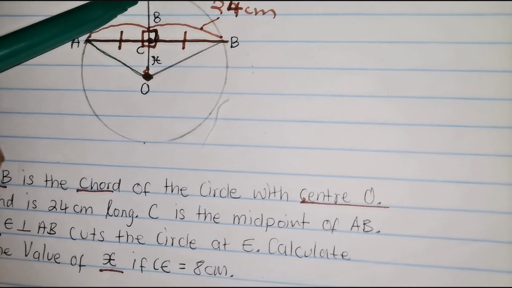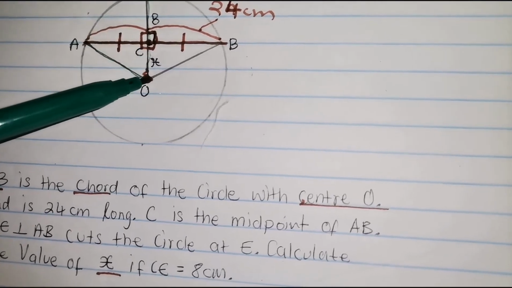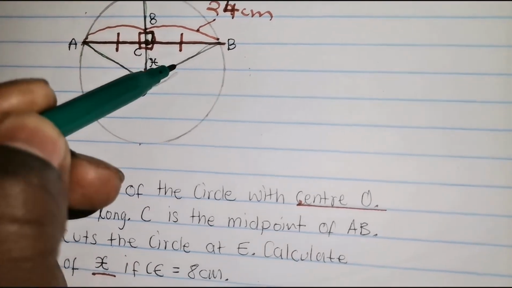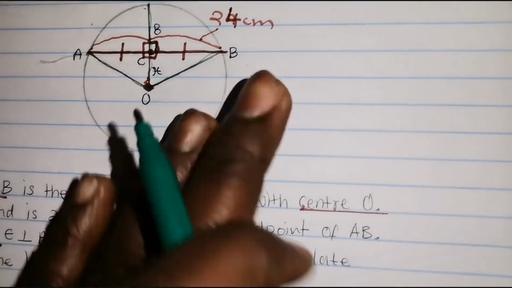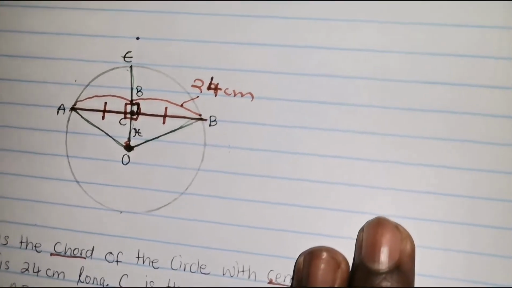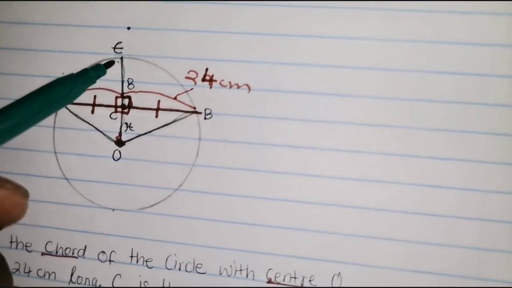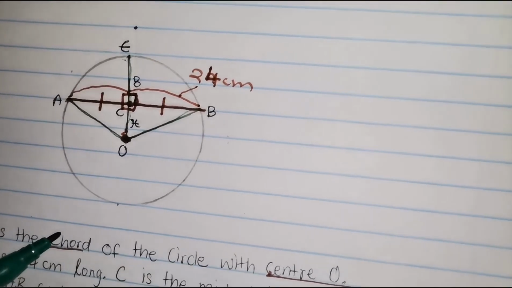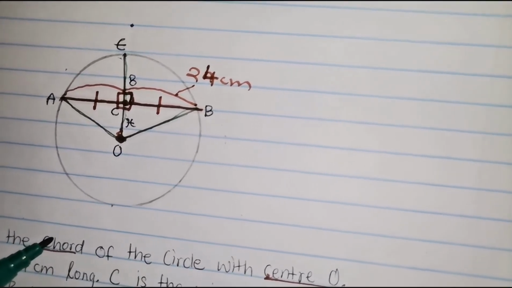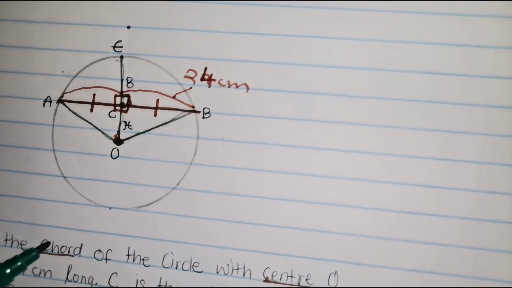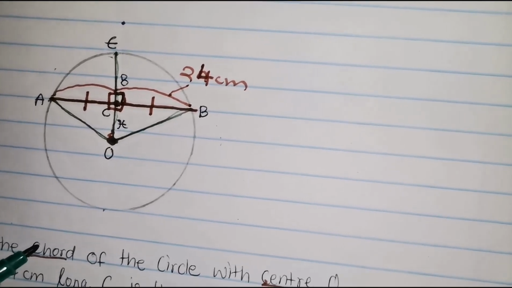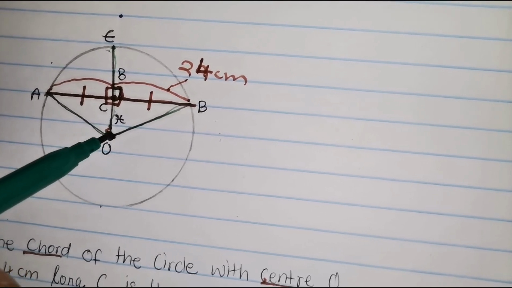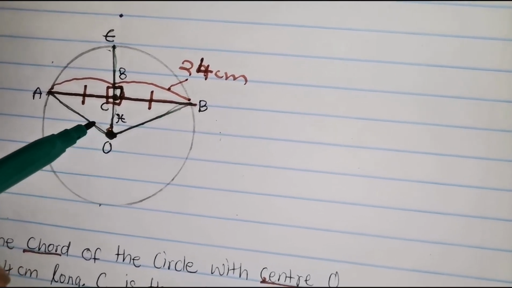Let's check what I said about radii. For a line or a side of a triangle to qualify to be called a radius, it is a line from the center of the circle to the circumference.